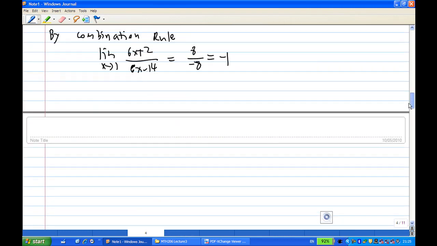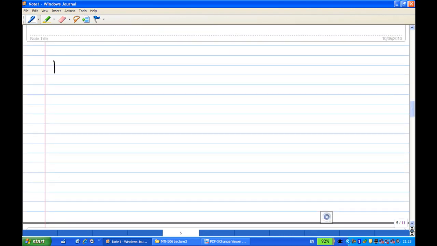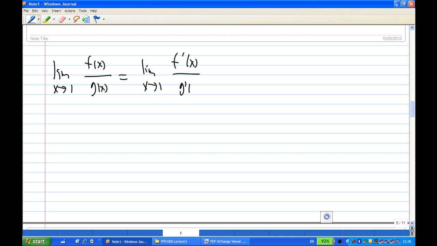Therefore, we conclude that our original problem, the limit as x goes to 1 of f of x over g of x, is equal to the limit as x goes to 1 of f prime of x over g prime of x, which is eventually equal to the limit as x goes to 1 of f double prime of x over g double prime of x, which is equal to f double prime of 1 over g double prime of 1.